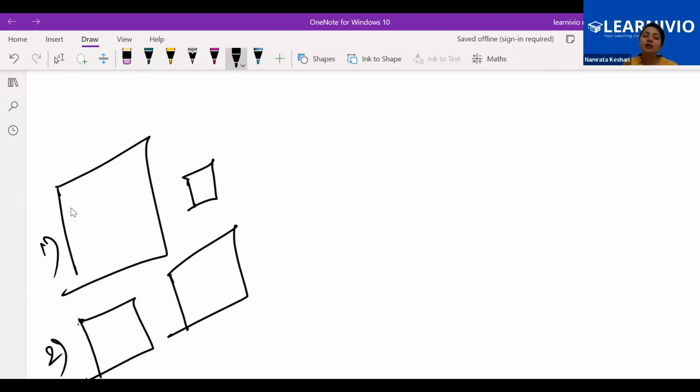Because in a square there is only one measurement. If this side is 5 centimeter, another is also 5 centimeter, another is also 5 centimeter, another is also 5 centimeter. And whatever be the size of this teeny tiny square, be it 2 centimeter, 2 centimeter, 2 centimeter, and 2 centimeter. Can you see that all the sides will be in proportion?